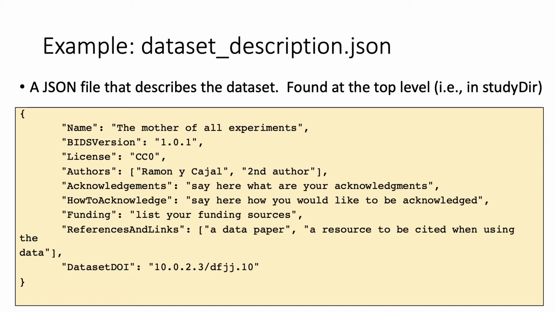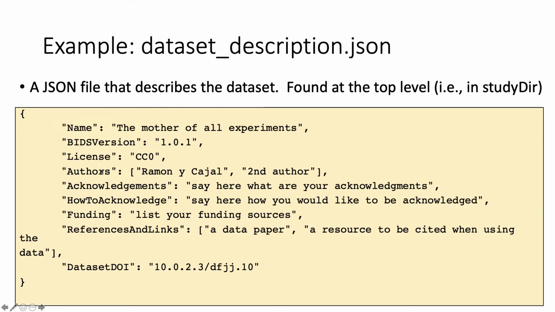And this is just to show you an example of what a JSON file might look like. In this case, this is a dataset description file, which is one of the required files that you would have in the BIDS format. And you'll see that we have this key value pair where we have a name for our experiment, what version of BIDS we used, because that version is still evolving.